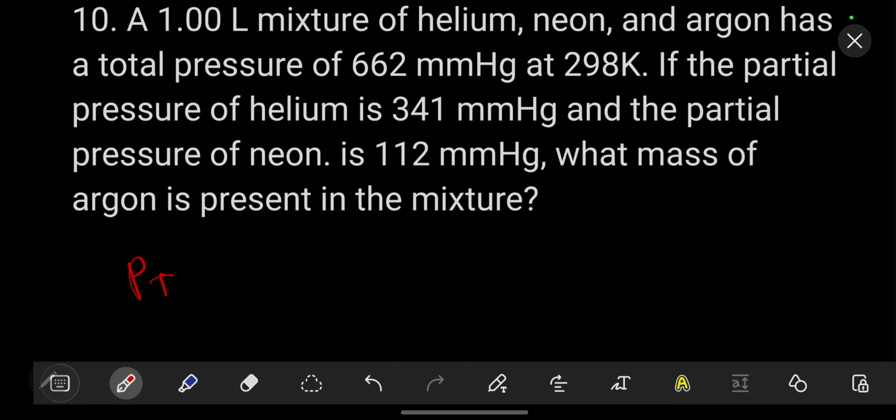According to Dalton's law of partial pressures, the sum of the partial pressures is equal to the total pressure. So now the total pressure, I'll say P total, is equal to 662.